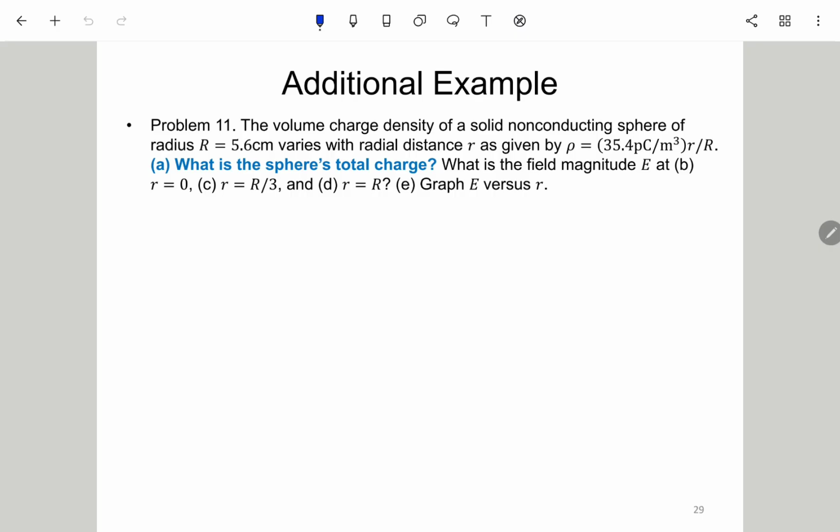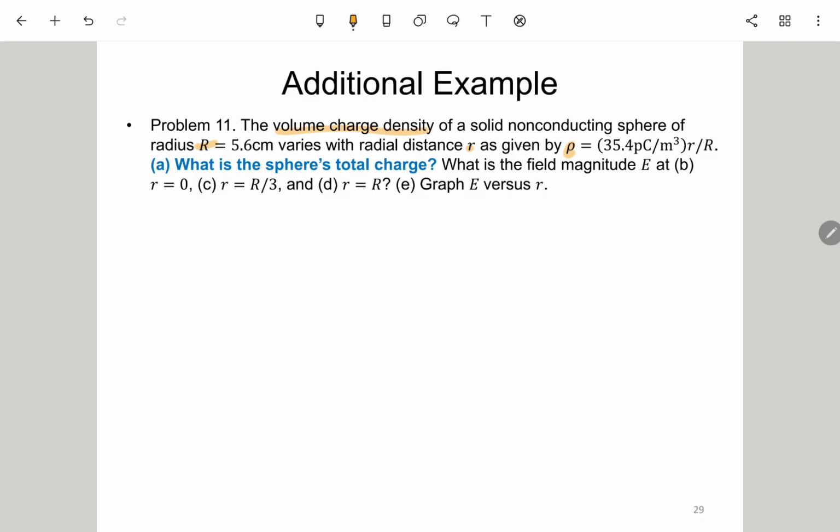This is a very challenging additional example I would like to show. It says the volume charge density of a solid non-conducting sphere of radius capital R, with radial distance r, is given by rho.